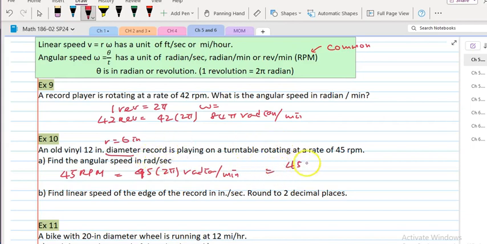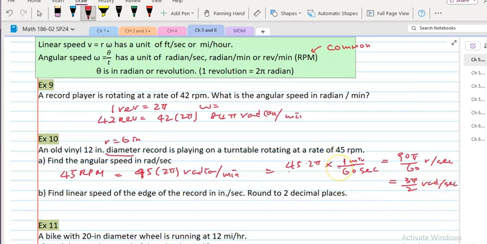That would be 45 times 2 pi times, this is per minute, so I want to divide by 1 minute. And I want per second, so that my second is in the denominator. So this would cancel the minute and we would have the second. So that would equal 90 pi over 60 radian per second. That is 3 pi over 2 radian per second.